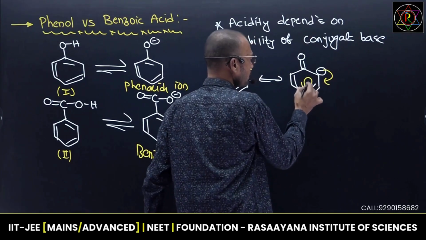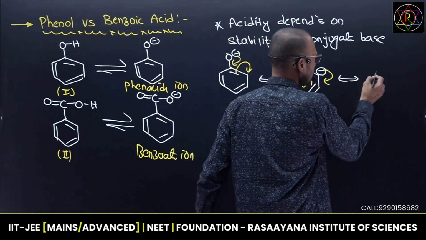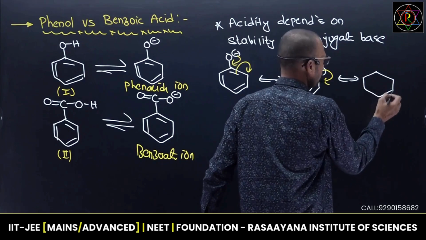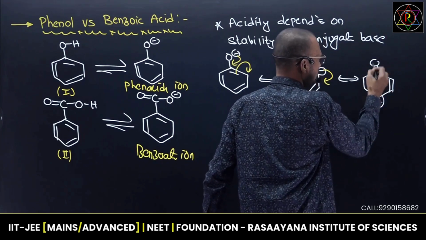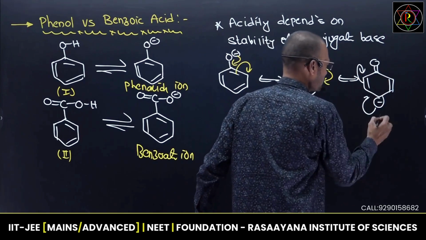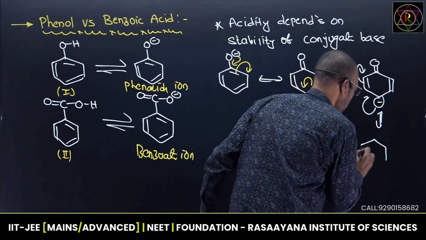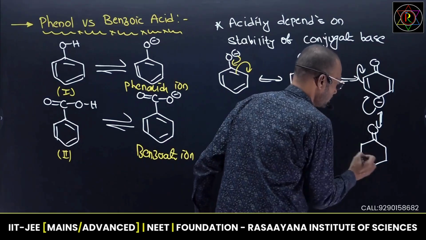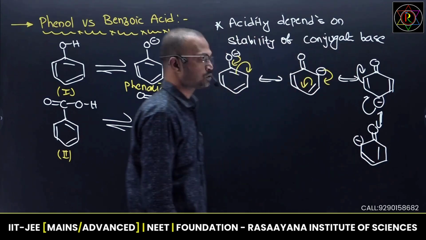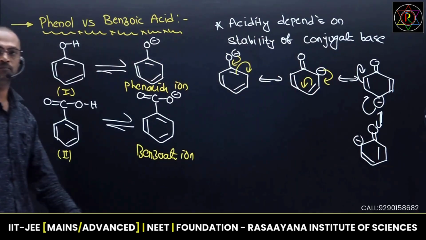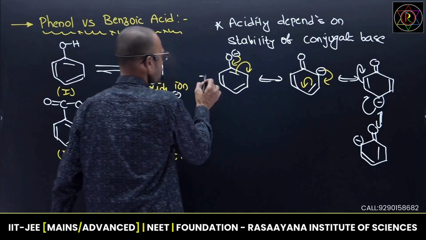So it will be migrated like this. This is a delocalized anion, and this will be migrated and transferred here. Double bond, and this is the anion. So they are the resonating structures of phenoxide. Okay, this is your molecule 1.